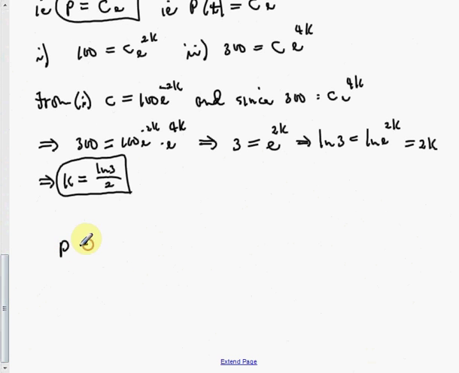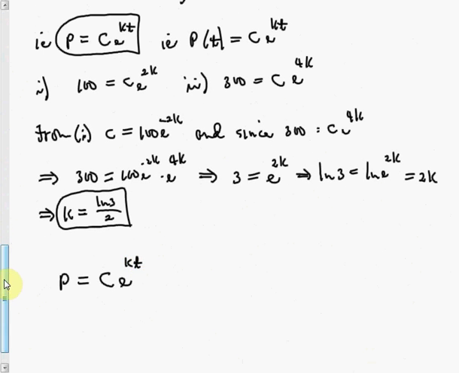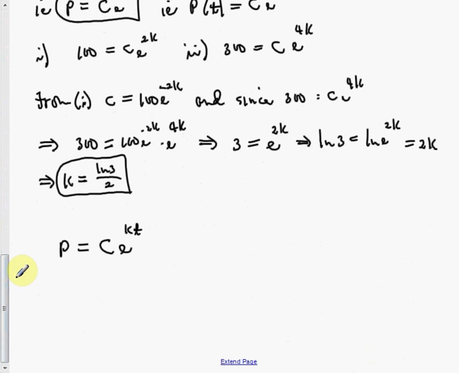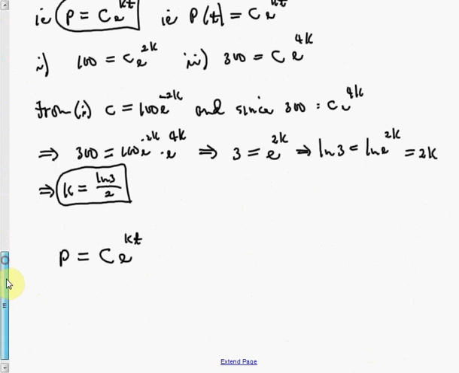So here we have P is equal to C times e to the kt. And I know that K is equal to this guy, right? And notice as I worked with that problem, I found C. C is equal to 100 times e to the negative 2k. I'm going to plug that in as well.